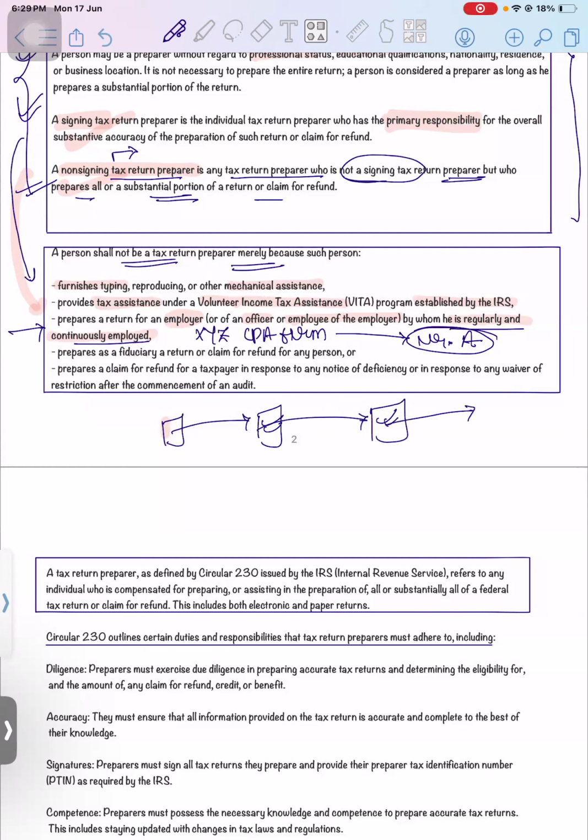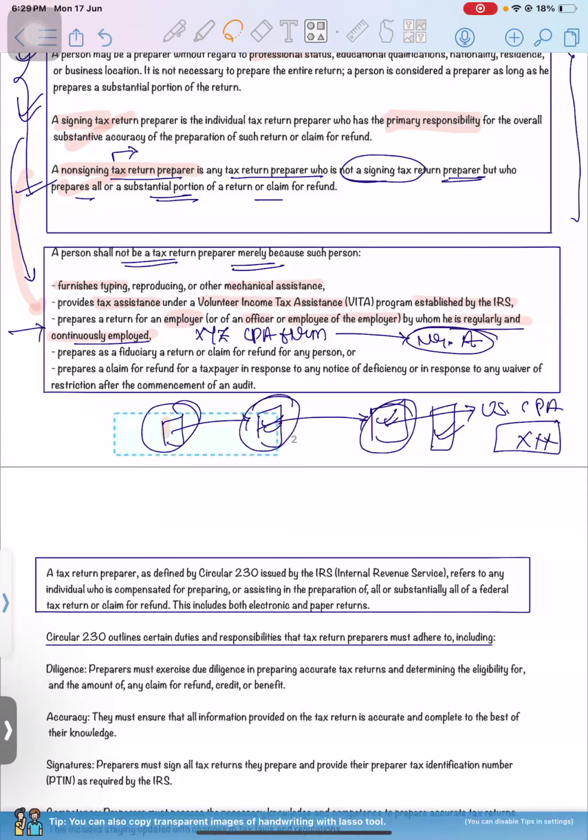After the final review, it will be submitted to the US CPA, and this CPA is going to sign the return, and at his office he is going to do the checklist and one last final review before submitting it. So this person cannot be called a tax return preparer. Clear guys? Any question till now, guys?